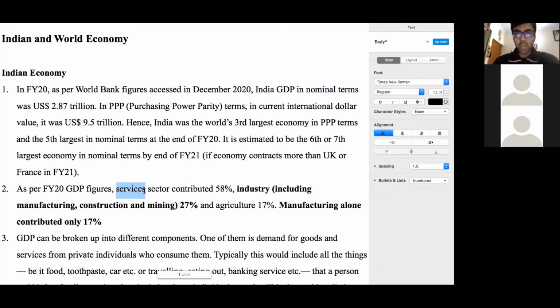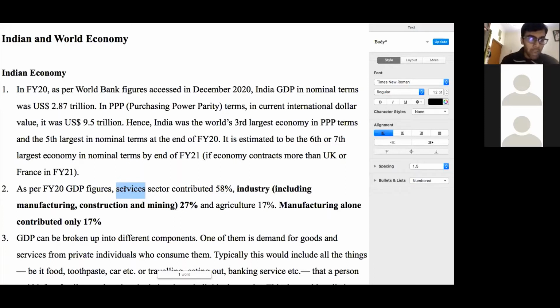This is not some manufacturing or agriculture that I'm doing. This is just a service that I'm providing. So you can very well imagine that nowadays in a modern knowledge economy, services is bound to contribute significantly to any country's GDP, especially if it is an advanced country or a fast developing, fast growing emerging economy.